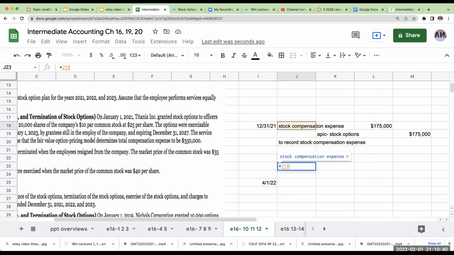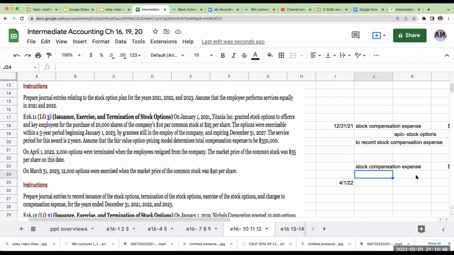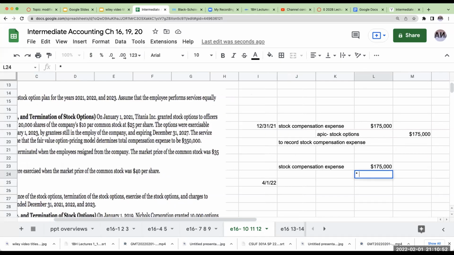So if my stock compensation expense for the prior period was 175,000, and 2,000 options of the 20,000 options were forfeited, so this 175,000 was related to 20,000 options, the amount of stock compensation expense I'm going to reverse out is going to be 17,500.